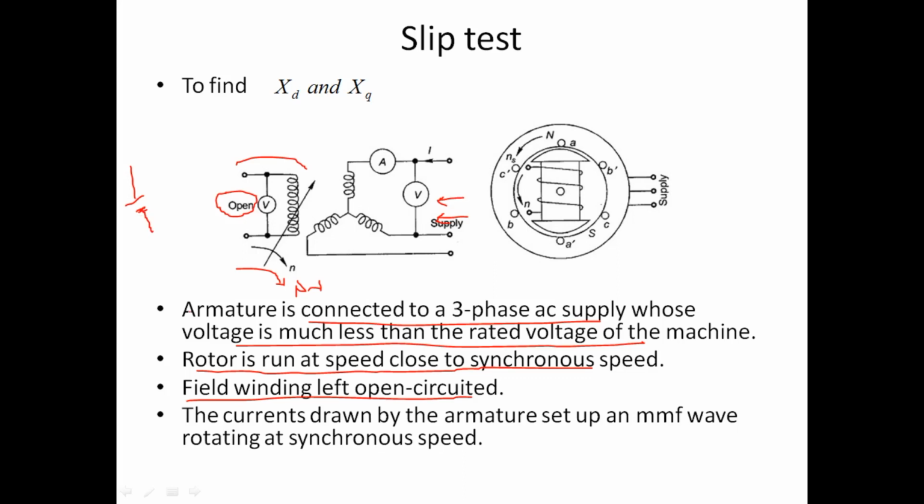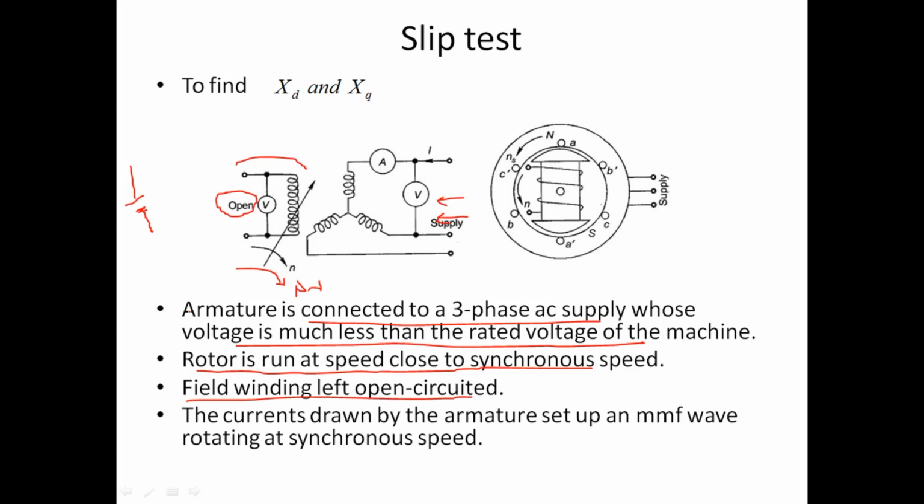One, a 3-phase AC supply is given to the stator terminals, not as usual in a generator, but like a motor. Two, this voltage will be much less than the rated voltage of the machine. Three, the rotor is running at a speed which is less than Ns. And four, the field winding is open circuited.